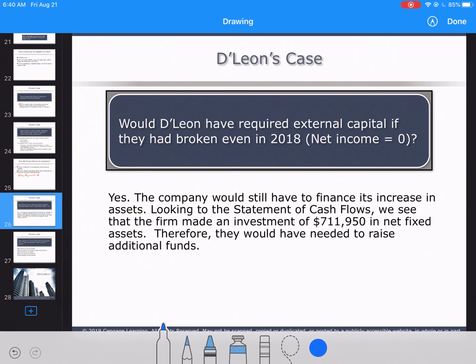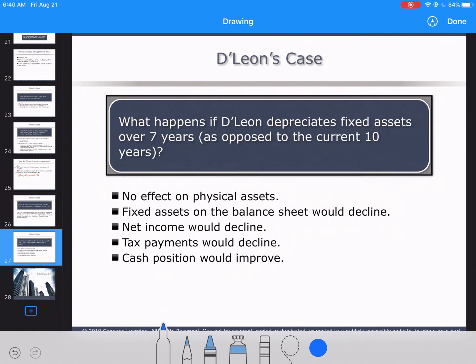Looking at the statement of cash flow, this is the number you can see in net fixed assets, and so it has to raise additional capital. With that said, De Leon's case is not really a great one, and these are the results of their expansion activities.